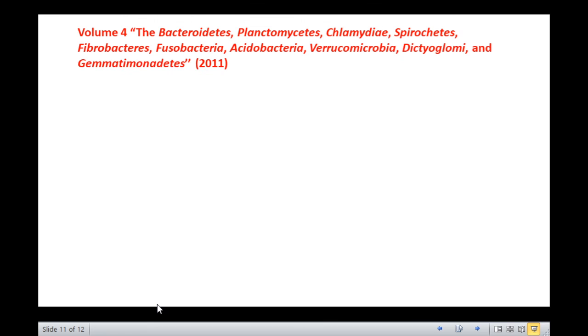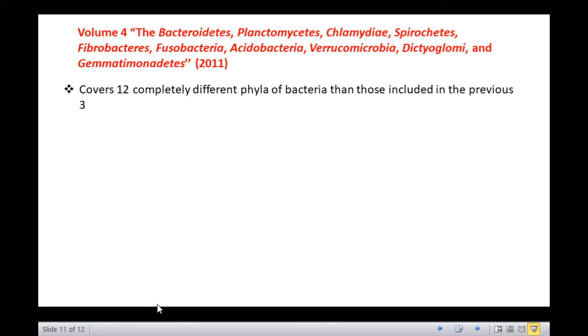Volume 4 is the Bacteroidetes, Planctomycetes, Chlamydiae, Spirochetes, Fibrobacteres, Fusobacteria, Acidobacteria, Verrucomicrobia, Dictyoglomi, and Gemmatimonadetes, published in 2011. This volume covers 12 completely different phyla of bacteria than those included in the previous three volumes.